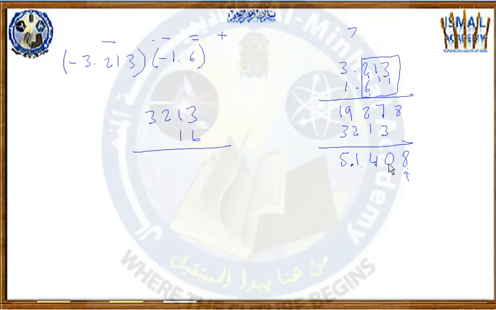I will count 1, 2, 3, 4, 5. I didn't reach my decimal, so what do I do? 6, 7, then I put my dot. In case you have more than expected, that means you keep adding the zero till you finish, then you put your dot. You got the point? But in our case, we don't have that case here. Any question here? Alright, can I move on?